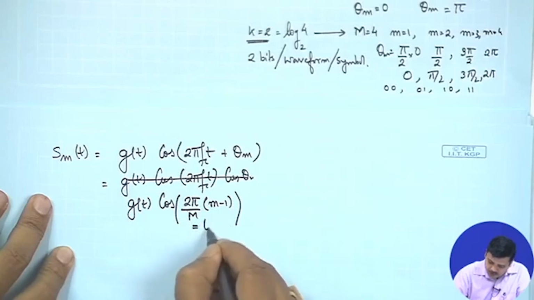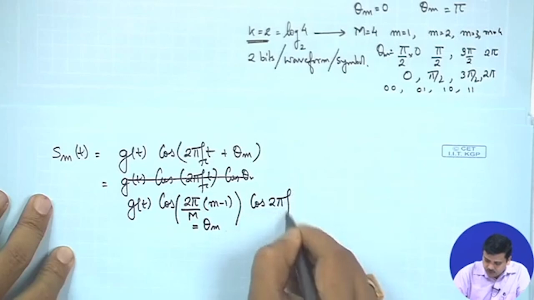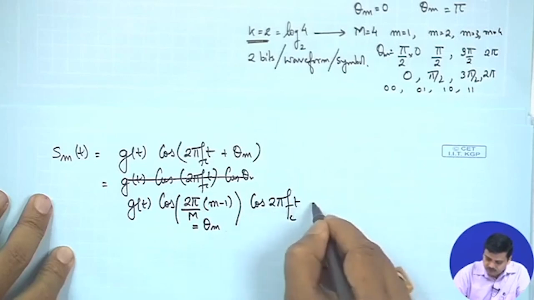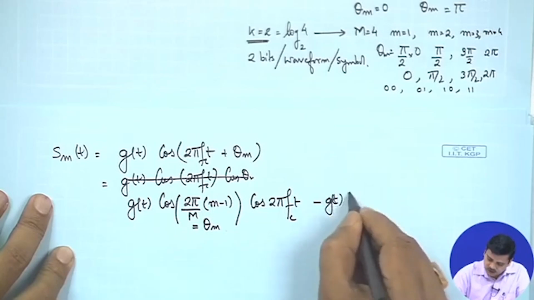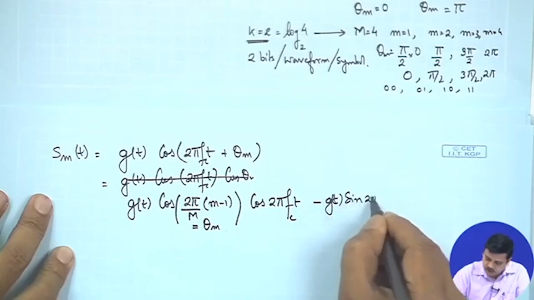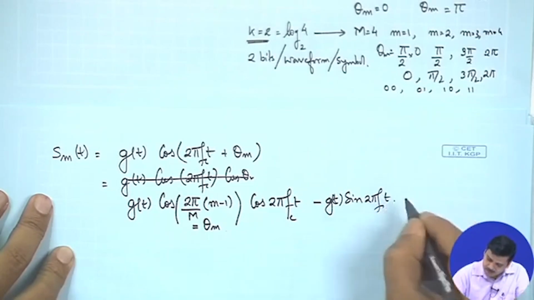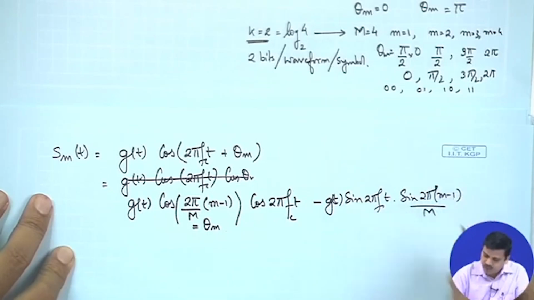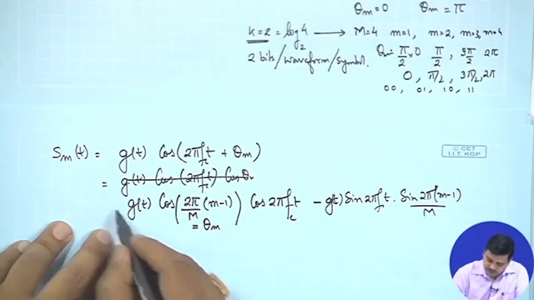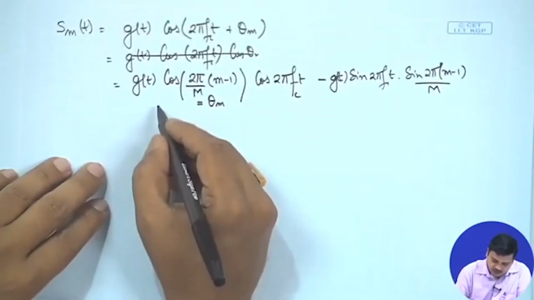So, this thing is equal to theta m times cos 2 pi f c t minus g t sin 2 pi f c t times sine 2 pi m minus 1 upon m.